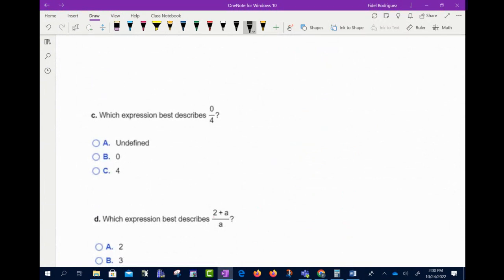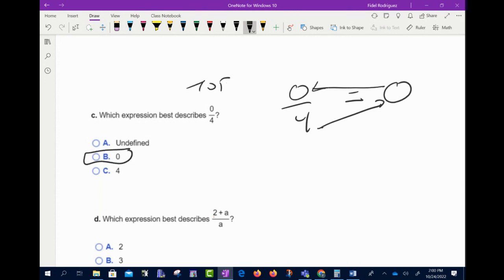Okay, if I look at part C, the 0 is on the top. So 0 divided by 4, suppose I said this one was 0. Well, look, 4 times 0, yeah, that does give me 0. So it's okay for us to have 0 on the top. If we have 0 on the top, my answer is 0. If I have 0 on the bottom, it's undefined, okay?